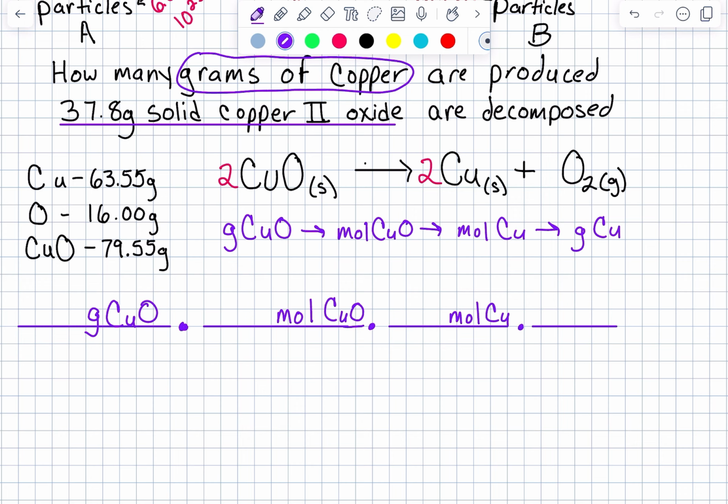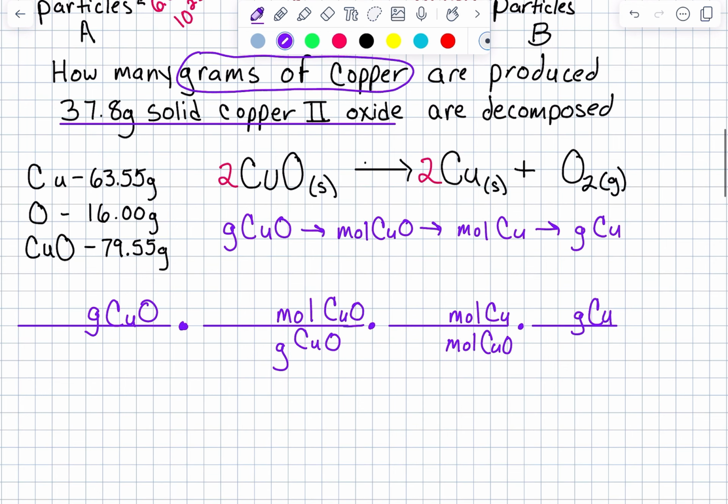You can just write it as this step instead of the arrows, and you do your multiplication sign. Then remember, what was on top goes on bottom. So the top of my first ratio becomes the bottom of my second. The top of my second ratio becomes the bottom of my third. The top of my third becomes the bottom of my fourth.